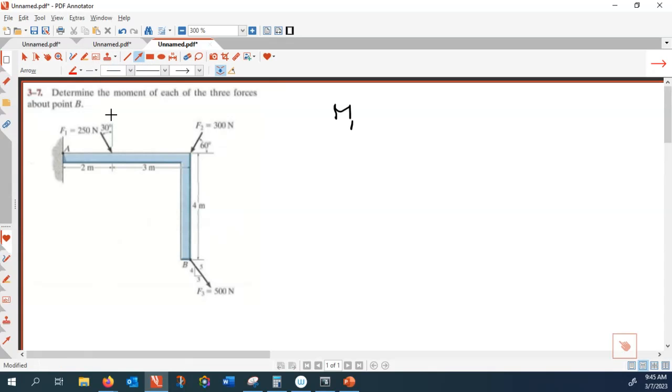All the dimensions are provided in the XY coordinates, so it is easier to do it this way. So that is 250 cos 30, and this is 250 sine 30.